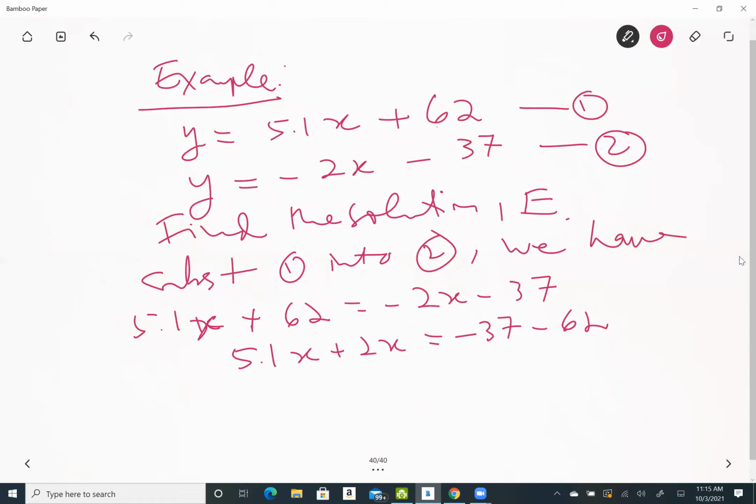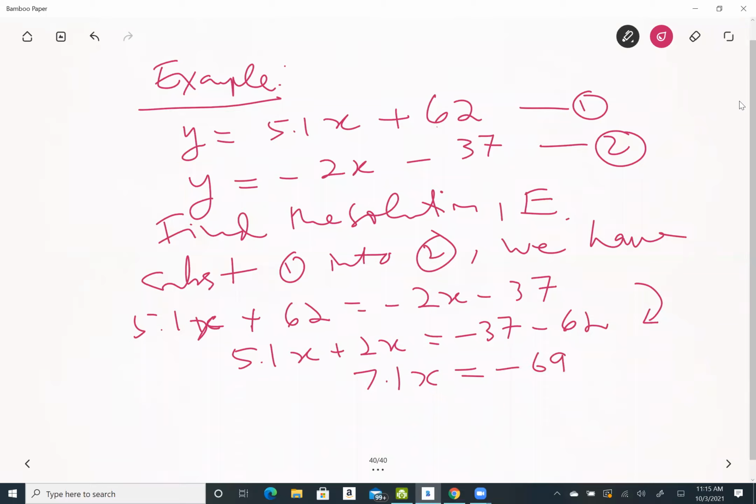One thing is we do it step by step. Don't jump and just give me the answer. We go step by step so that we know how we get the solution. So this will equal 7.1x equal to negative 99.